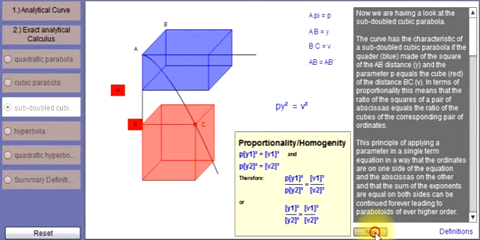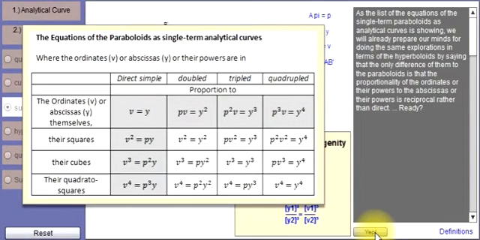And Leibniz sort of summarized this relationship of analytic expressions in a little table, where he actually states that the equations of paraboloids are single-term analytical curves as examples, and he says all these analytic expressions are paraboloids where the ordinates v for the abscissas y or their powers are in direct, simple, doubled, tripled, quadrupled proportion to the ordinates v or abscissas y themselves, their squares, their cubes, their quadrature squares.